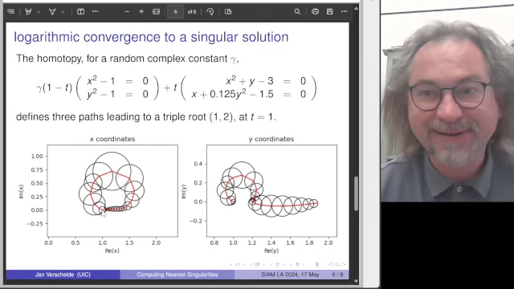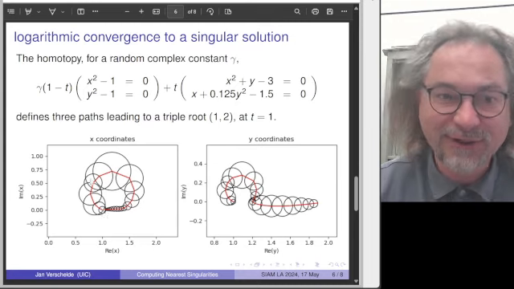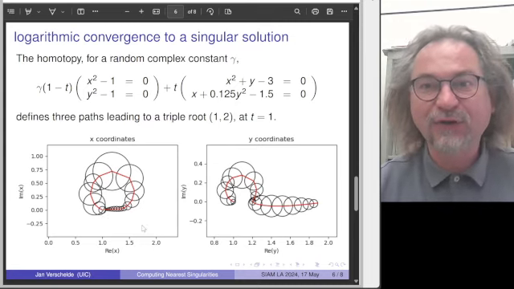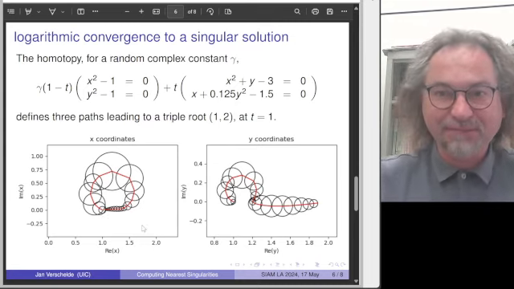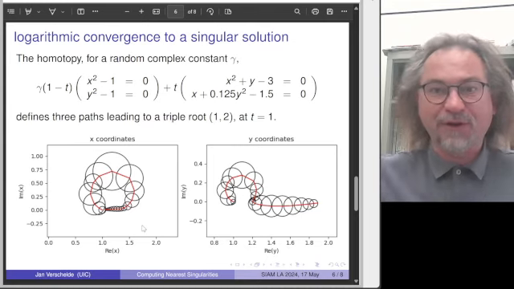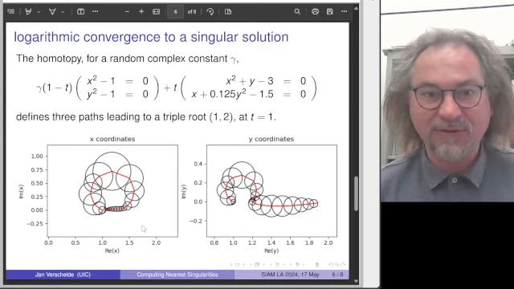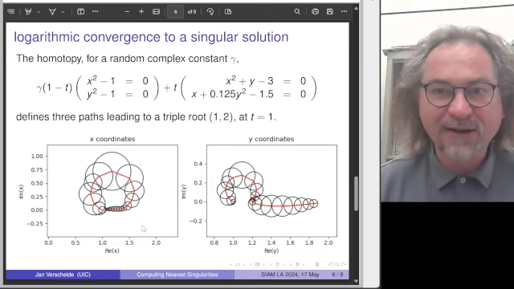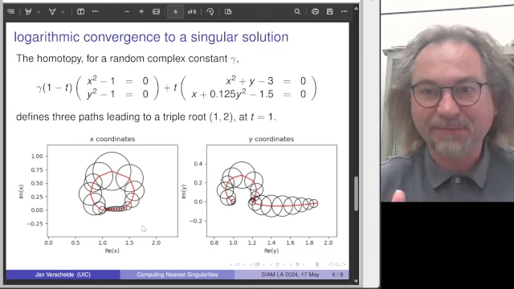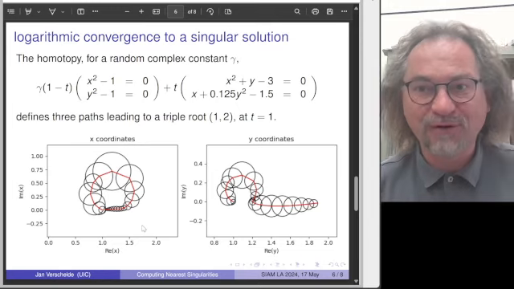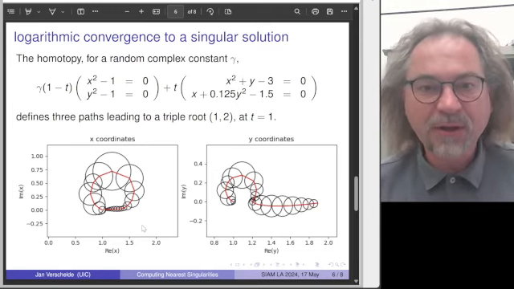So we start with x at 1 and actually we turn back. The reason why these paths are so curved may have to do with this random gamma constant as well. The random gamma constant makes it so that the paths will not run into singularities.